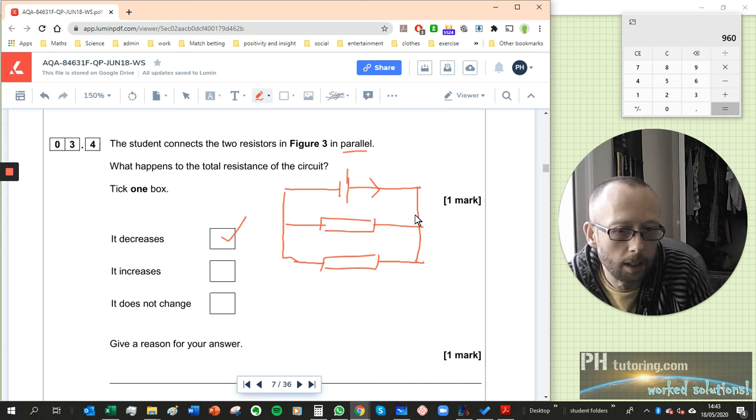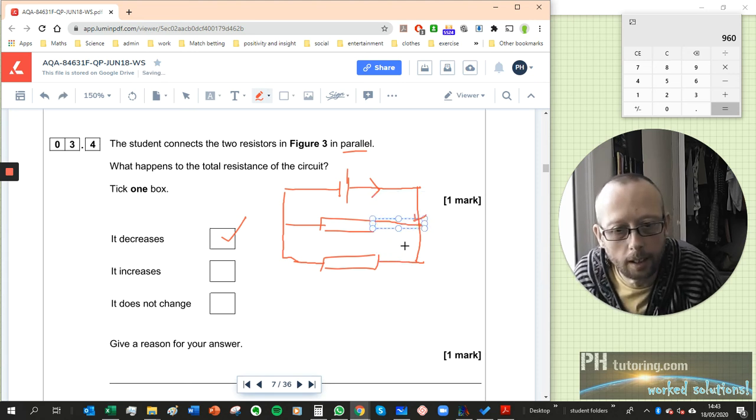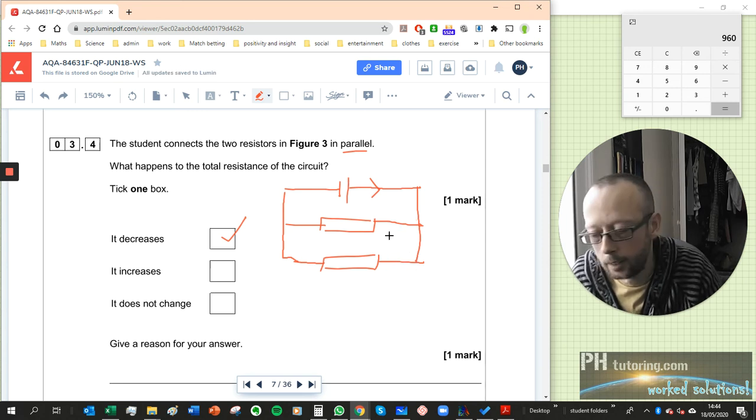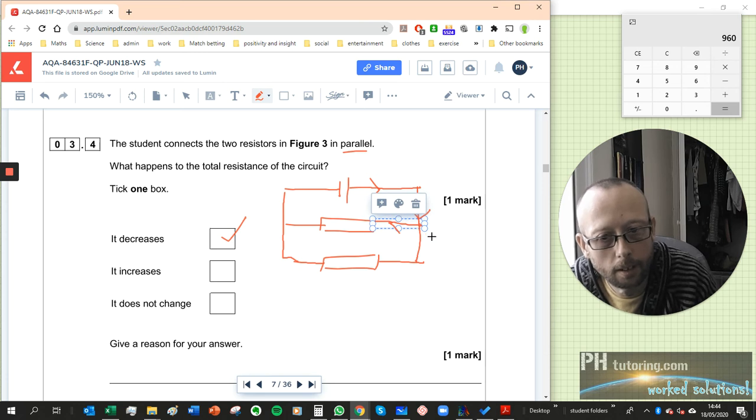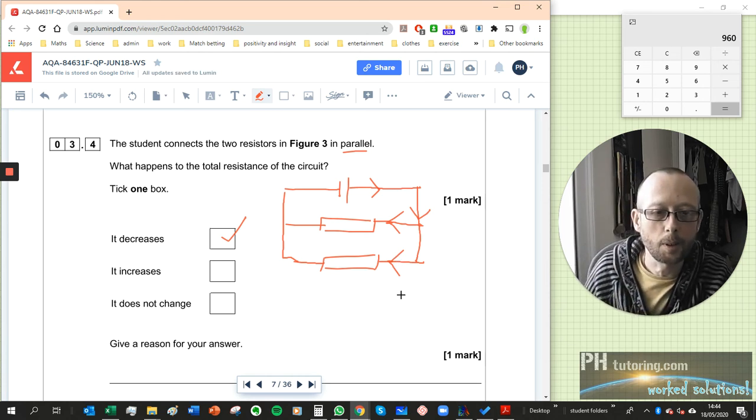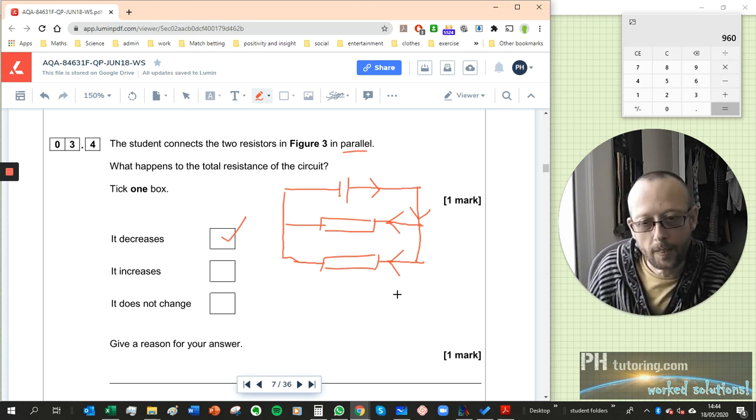So when the current comes here, it's going to go into there. It's going to go there, and then at this point here, it's going to split up and go to those 2 places.